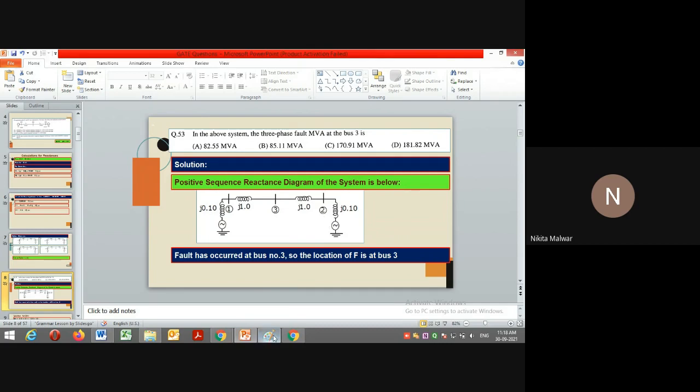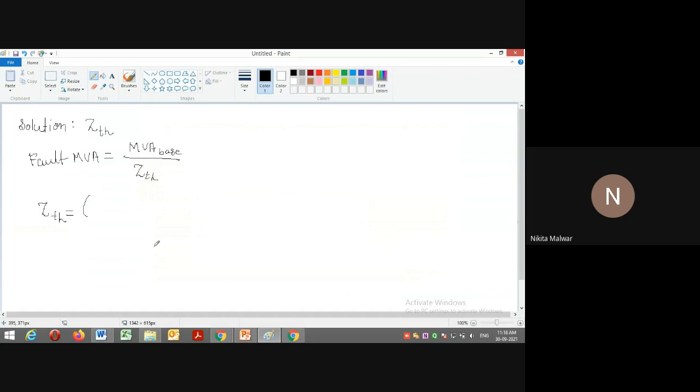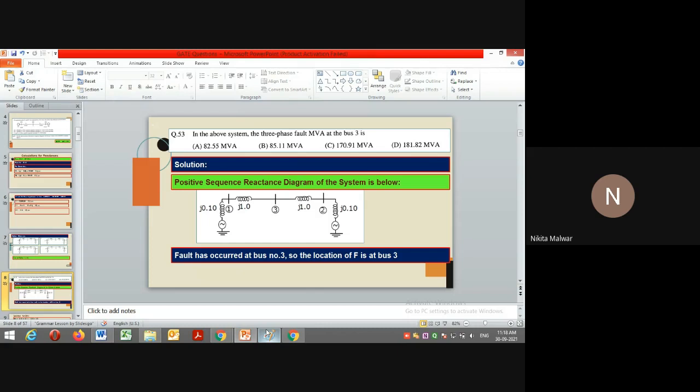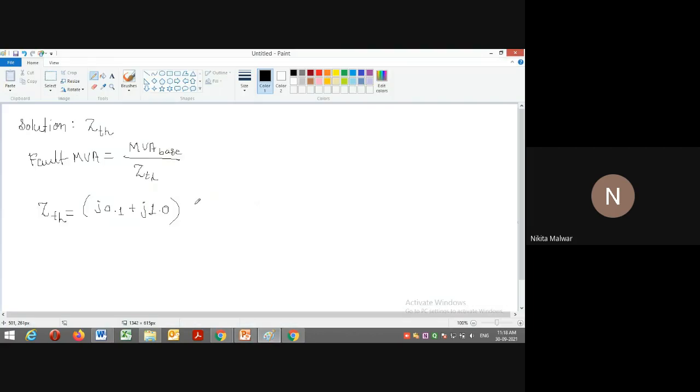So what will be the equation? Let us put all the values. J 0.1 plus J 1.0. This whole equation will be in parallel with the next section.